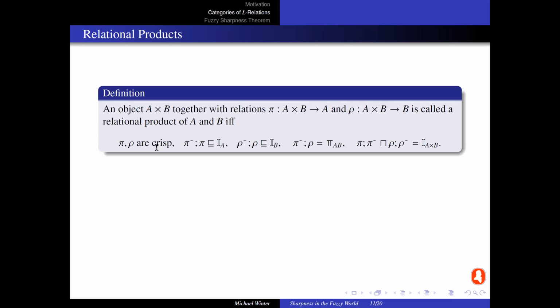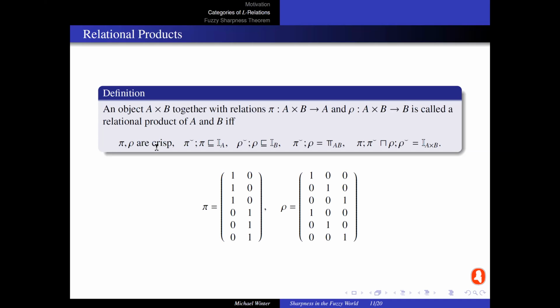That is just an additional requirement because we don't want forming a pair of crisp values to result all of a sudden in something not crisp anymore. That's the reason for having this additional axiom. And of course, if you are not considering L relations, then in a sense you consider all relations to be crisp. It's not a restriction in that sense.